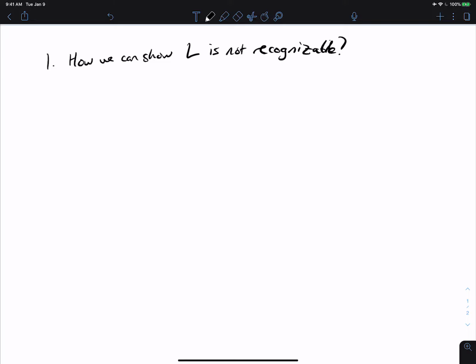For example, we showed that if ATM is decidable, which is a contradiction, what we can do is use a supposed decider for, say, ETM, and if it were decidable, then that would imply that ATM itself is decidable. But this is not the case, and so therefore ETM is undecidable.